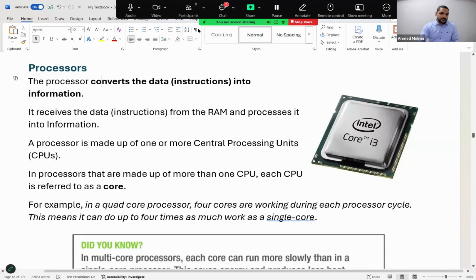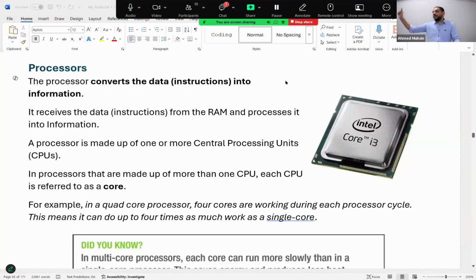Okay, right. Then guys, tell me this. Your processor receives data from whom? From the RAM. Do you guys remember this? When you open Photoshop in your computer, Photoshop data files are where? Not in the RAM. Secondary storage, right?